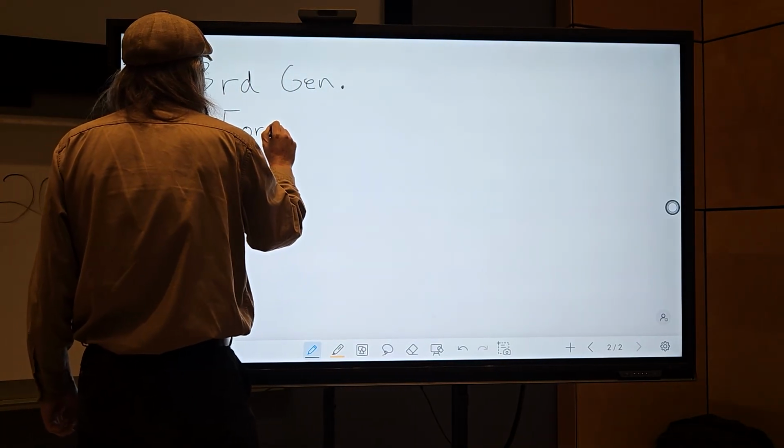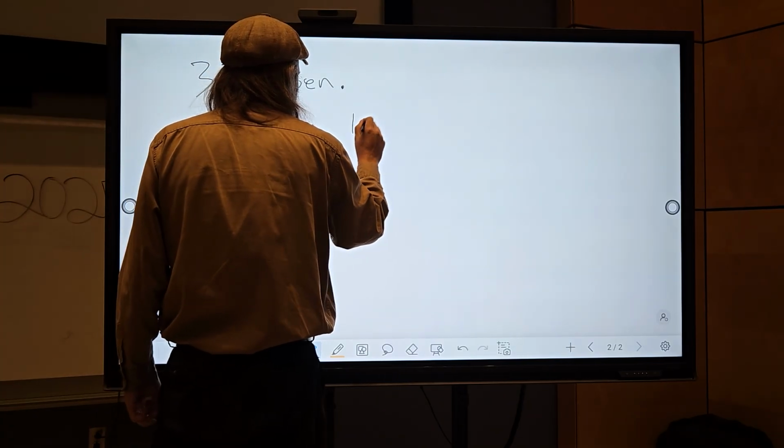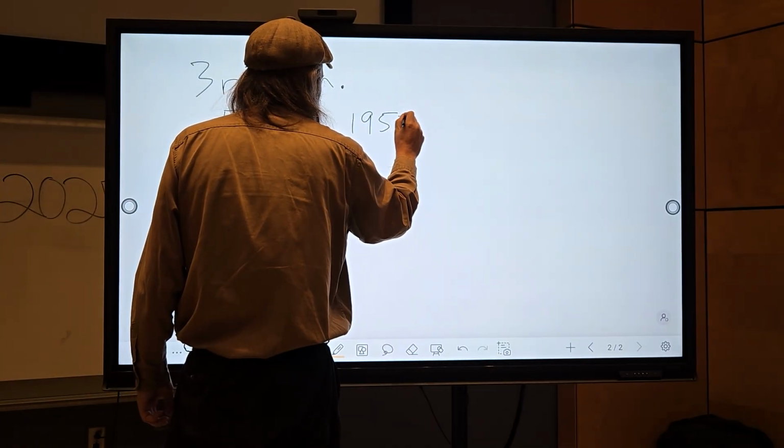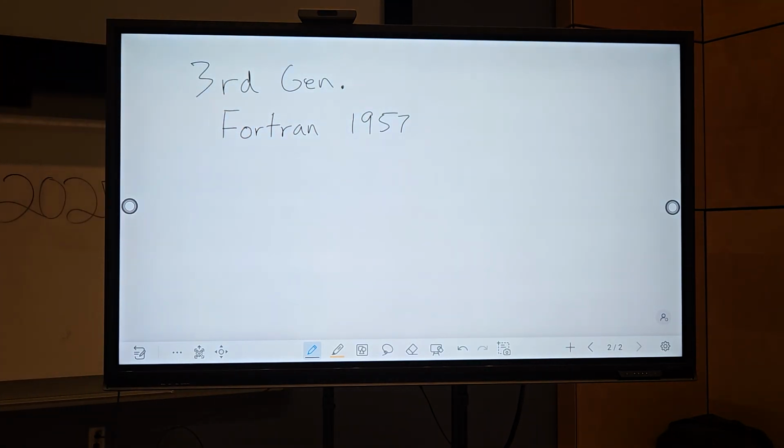First one being Fortran in 1957. Fortran is what's called a high-level language. It used more words and symbols that made programming a little bit more intuitive.